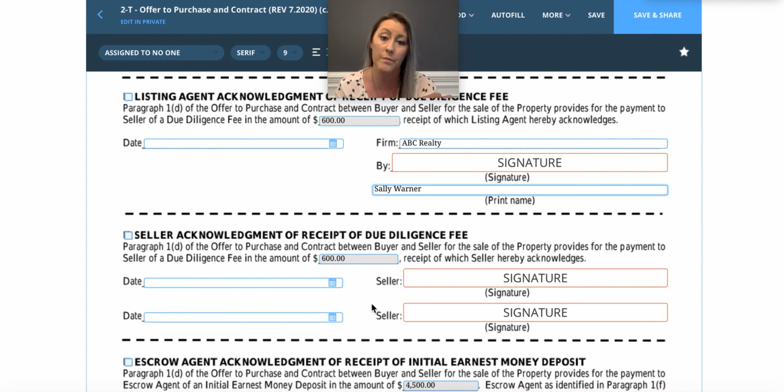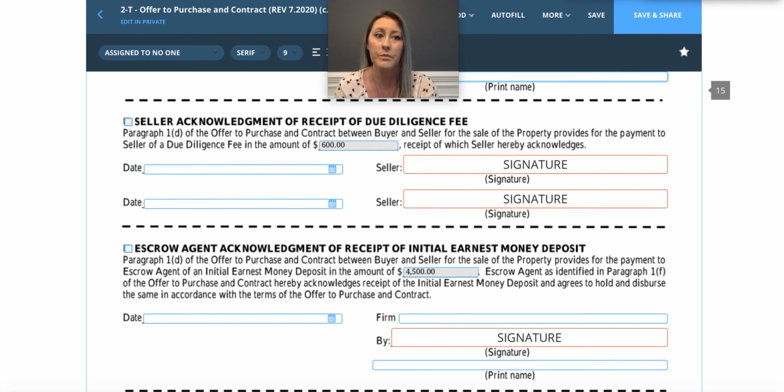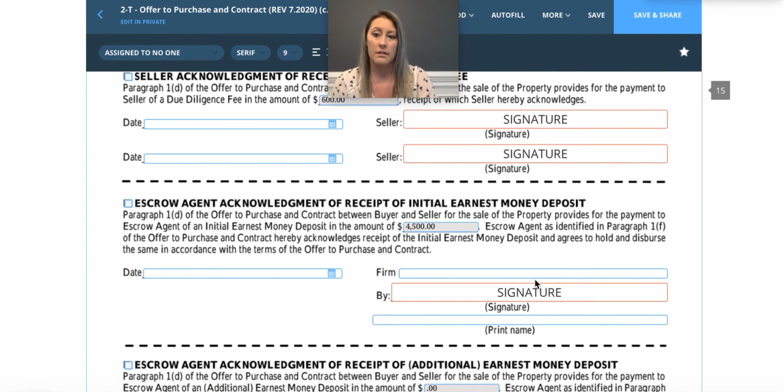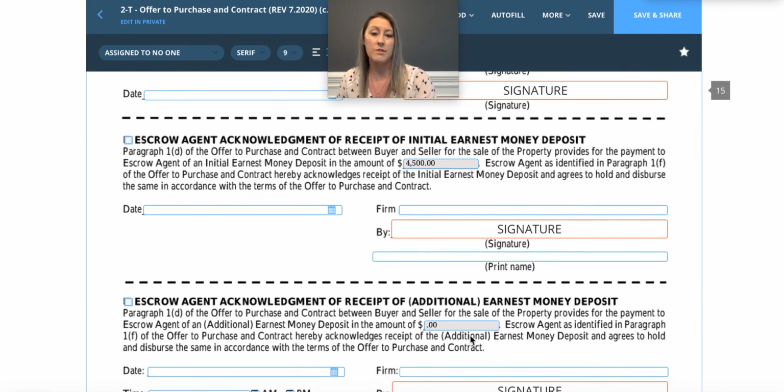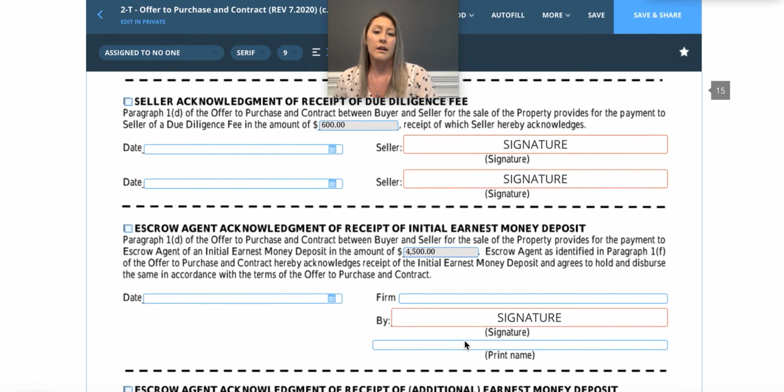That would just cover them as well, and in case the sellers ever came back and said, I never got that check, the listing agent can say, yeah, you did. And then in the next part, the closing attorney or whoever's holding the earnest money, they will sign on this section right here. And again, if there's additional earnest money, they'll sign there as well.